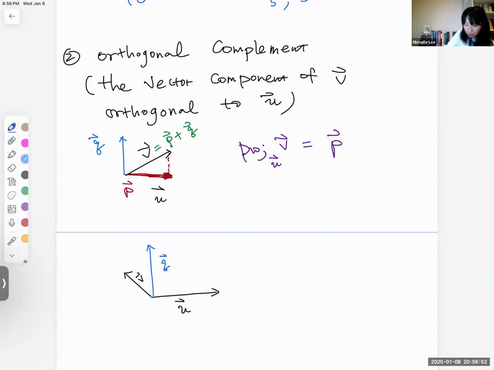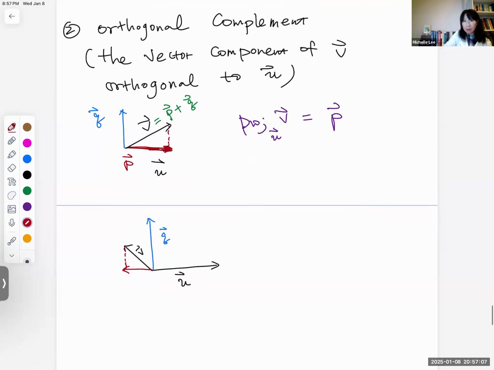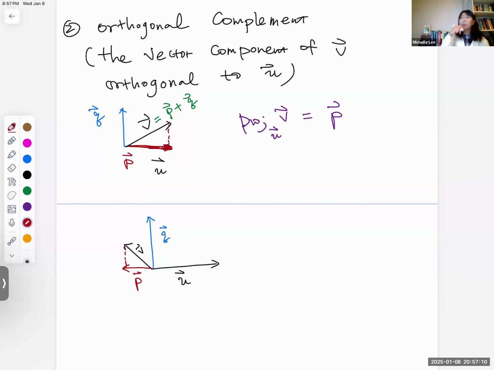Okay. So then, a dot is better. Then we name this one also P. Then that V is also what? The addition of vectors P and Q, right? Can you see that?